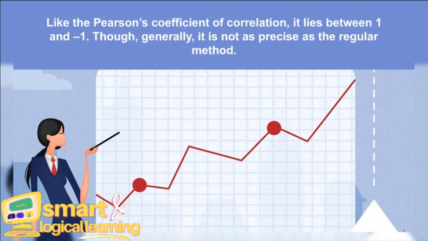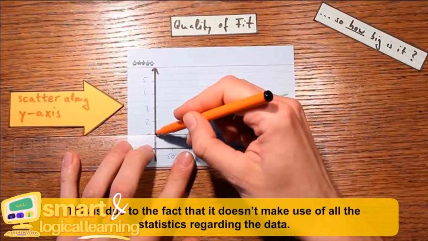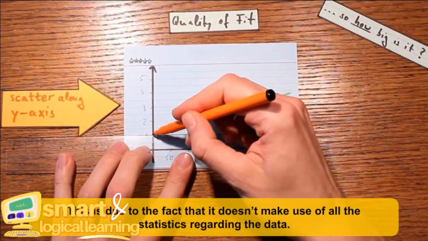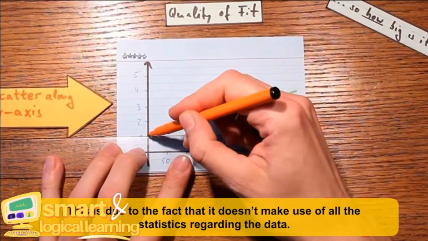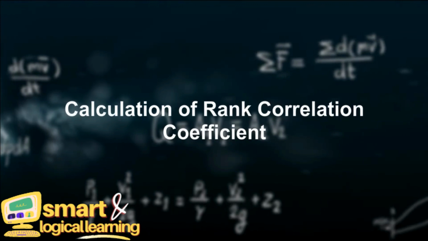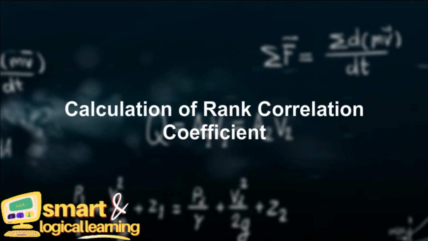Like Pearson's coefficient of correlation, it lies between 1 and -1, though generally it is not as precise as the regular method. This is due to the fact that it does not make use of all the statistics regarding the data.